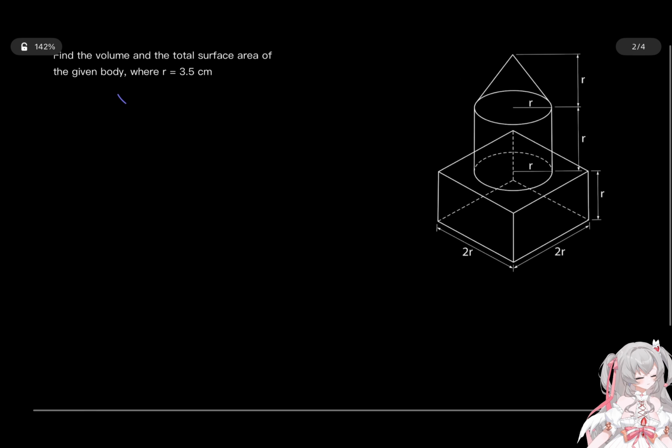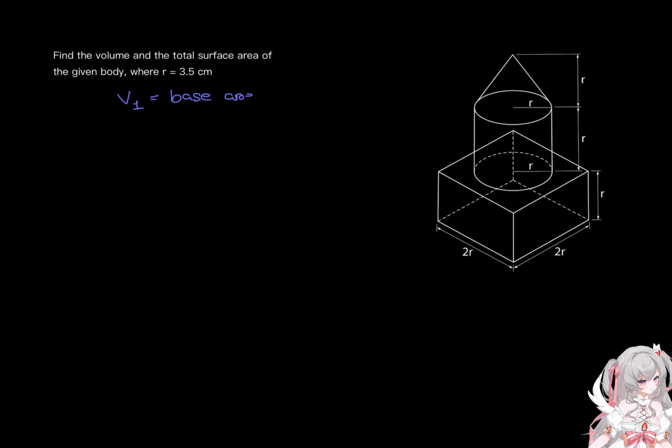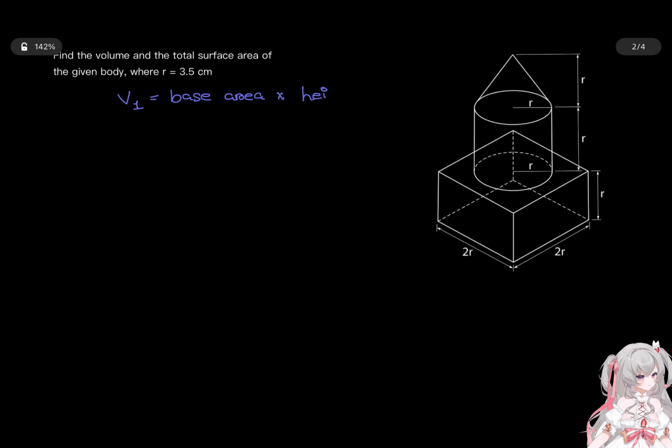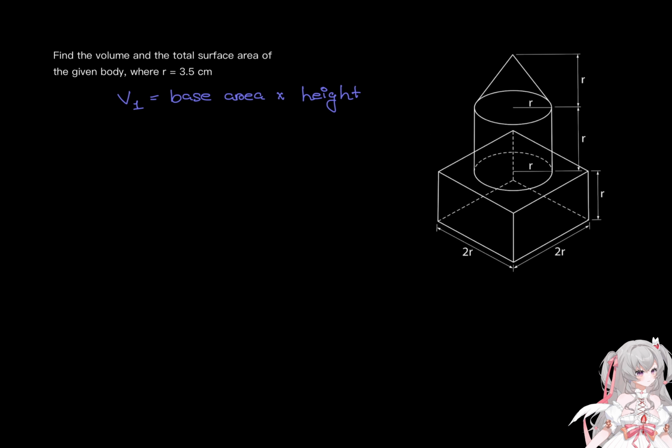Okay, now to calculate the volume of the prism, we need its formula. So we will write the volume of this prism as V1, which is equal to base area multiplied by height. And as we know, in order to find the area of a rectangle, we need to multiply its length with its breadth.